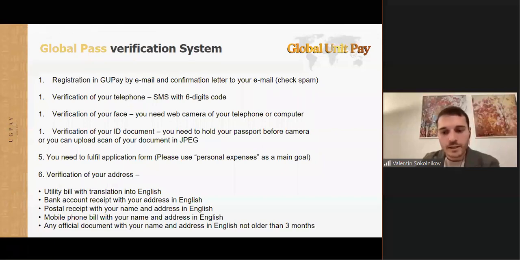For instance, if your records are bad, you were convicted of fraud, then there will be a challenge to consider whether to verify and register such a person with Global Unit Pay. Look, we operate under a very serious jurisdiction, and the regulator is very tough with its regulations.